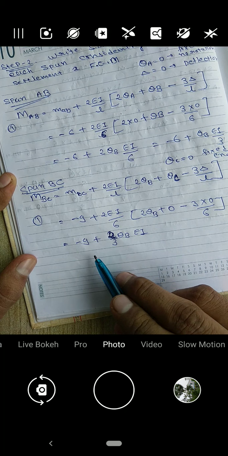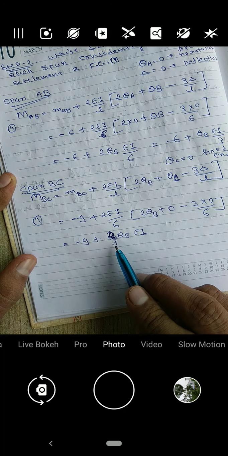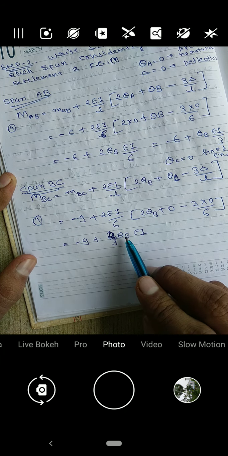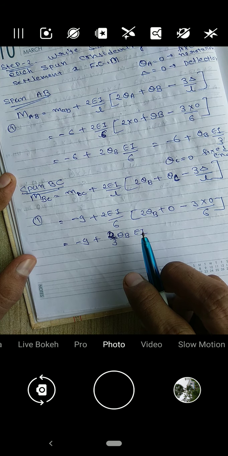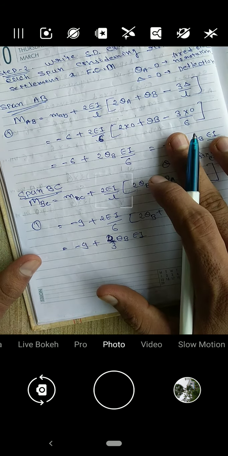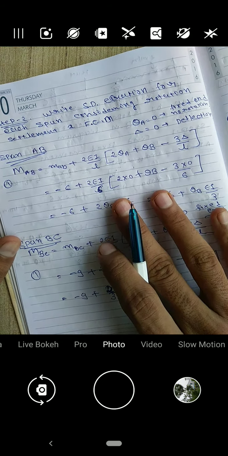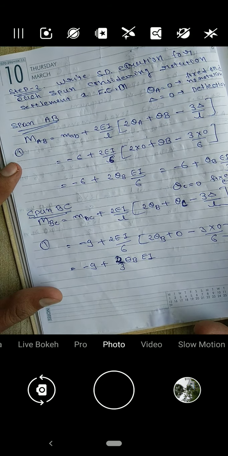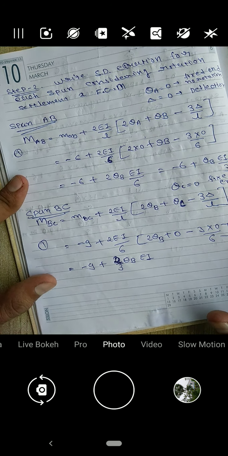Then finally we find minus 9 plus 2 by 3 theta B EI. This is our second step. Our first step was to find the fixed end moment, then we find the slope deflection equation.